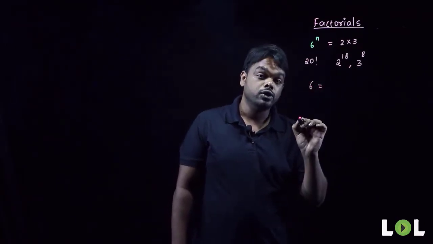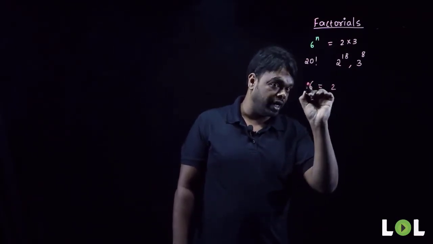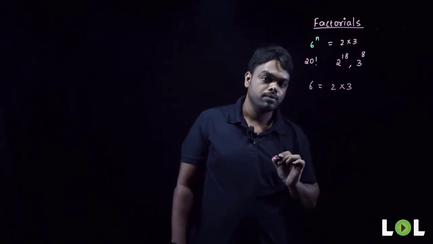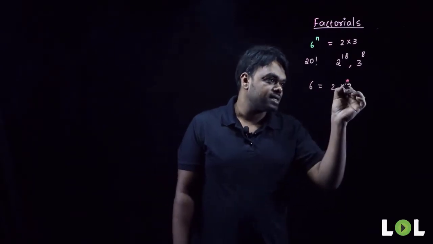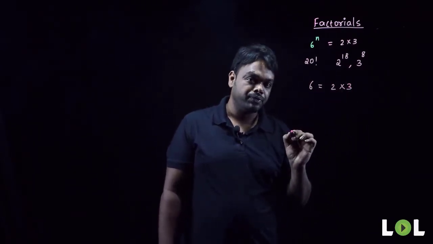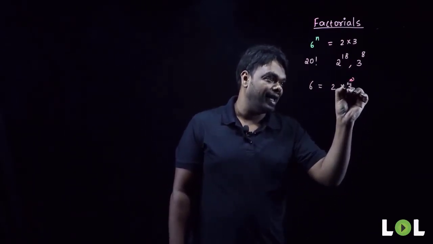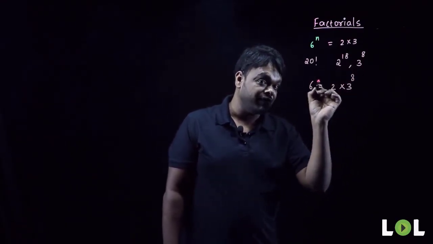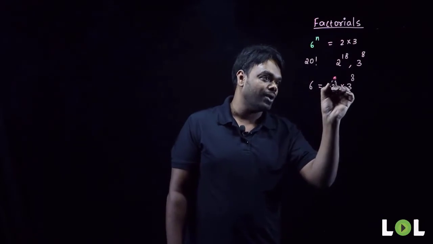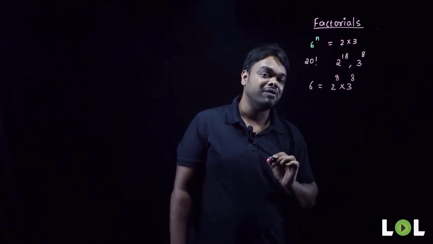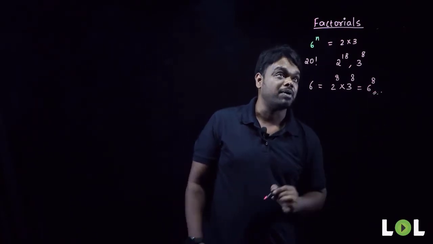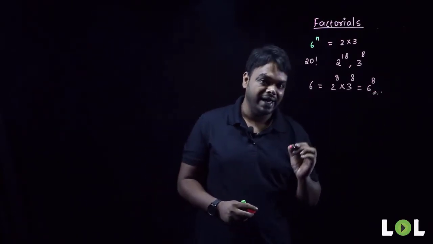To create one 6 or one marriage, you need one bride and one groom. So let's say this is the bride and this is the groom. How many brides are available? 8. Can I use all the grooms? No. If there are 8 brides, then there must be only 8 grooms. So I can use only 2 power 8. So that becomes 6 power 8. So highest power of 6 in 20 factorial is 8.